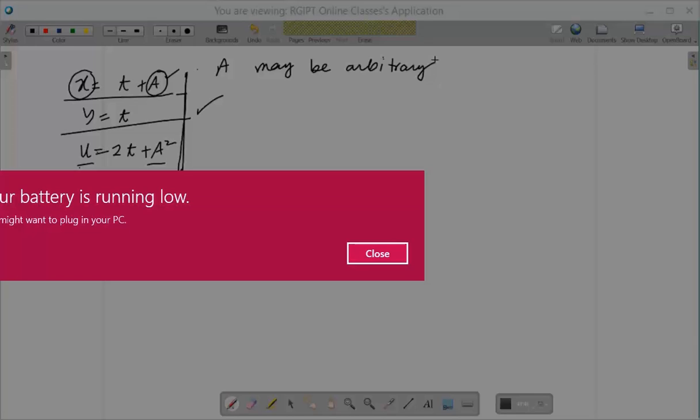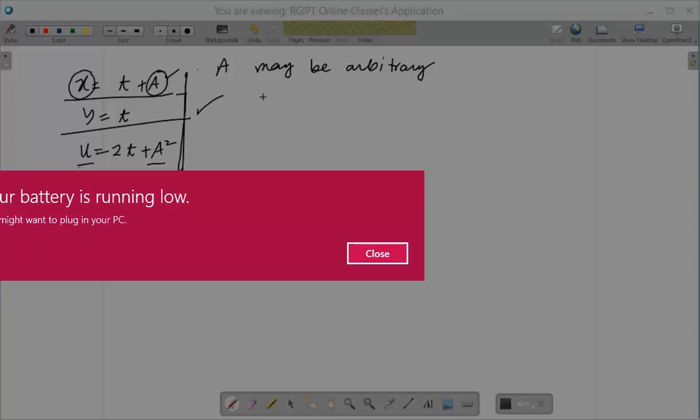Well, the closed form solution would be obtained by getting rid of t and a. So I have three equations, and I can get rid of t and a. Let's see.